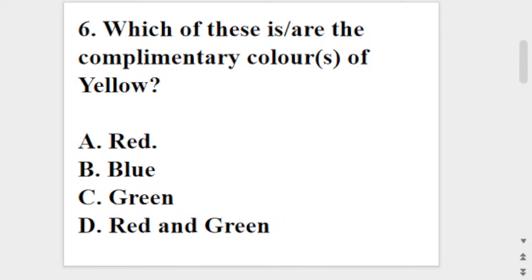And I told you that the three primary colors, when they are combined together, give white color. Yellow already contains red and green. Which color is missing that we can add together to give us white color now? Blue. So the complementary color of yellow is definitely blue. So the correct answer for that is option B. The next slide.